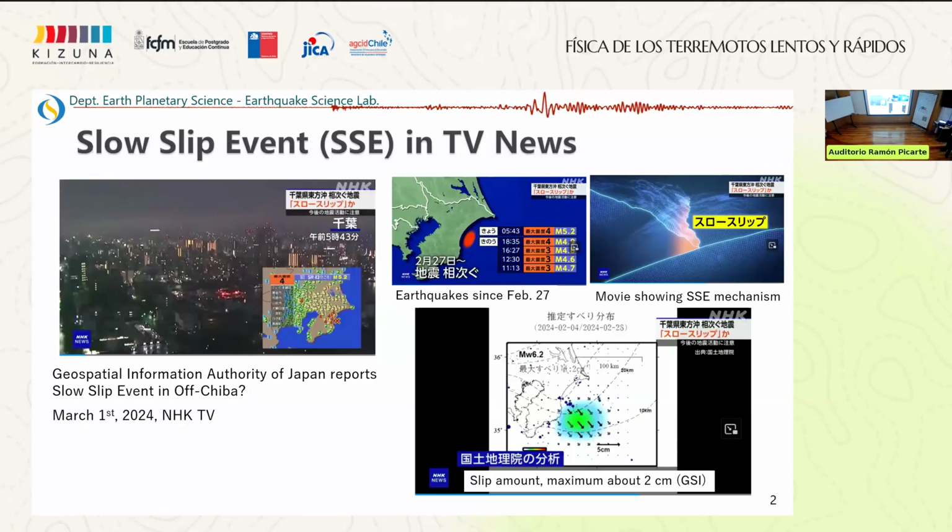And it is explained that the plate interface moves slowly. This is an actual movie shown in this news program. So many people start to think this is an important phenomenon to monitor, to understand earthquake phenomena generally.